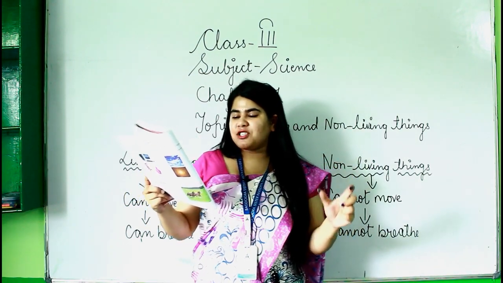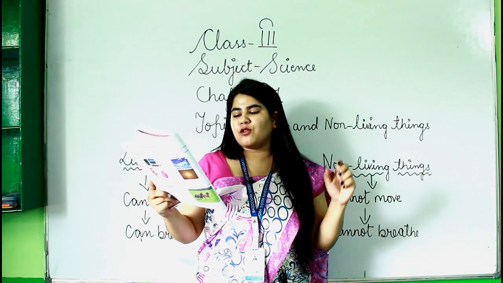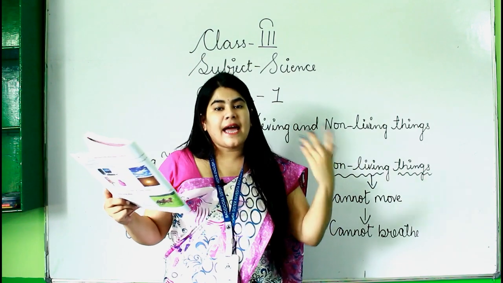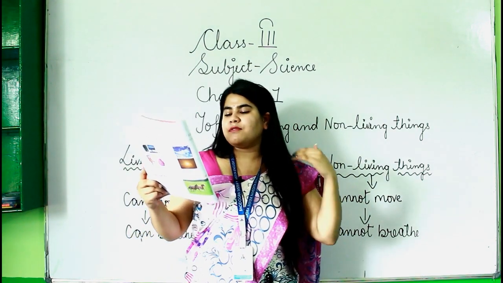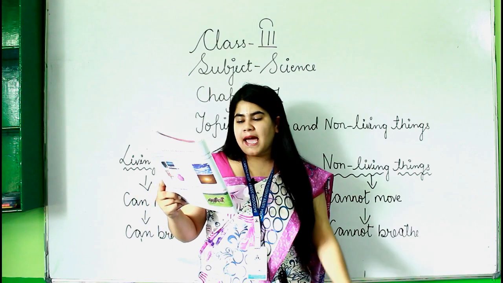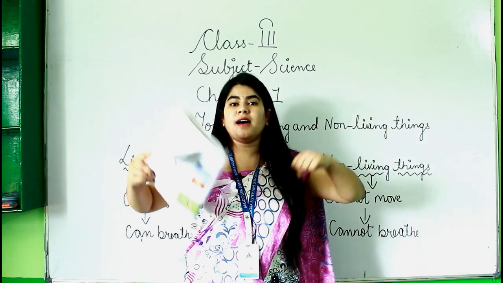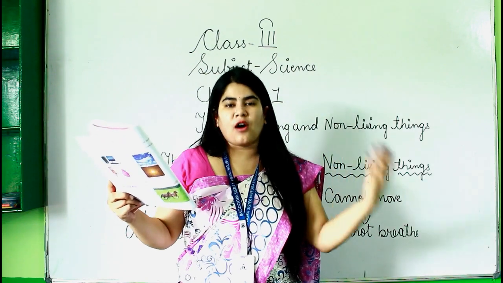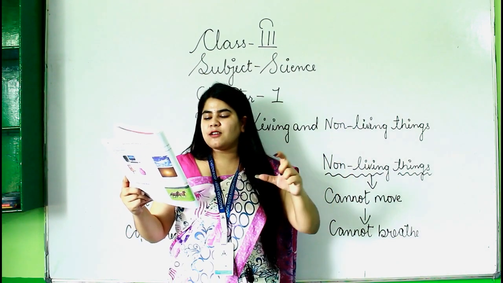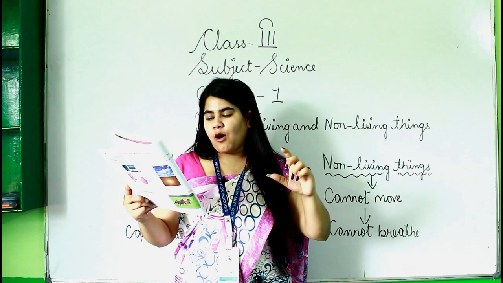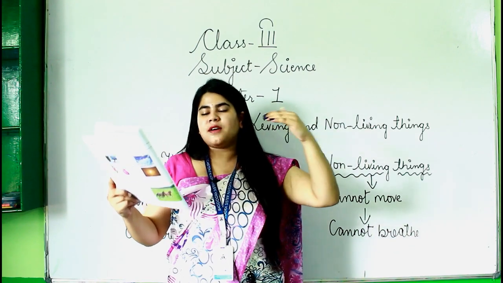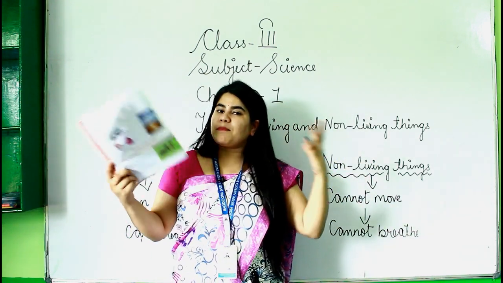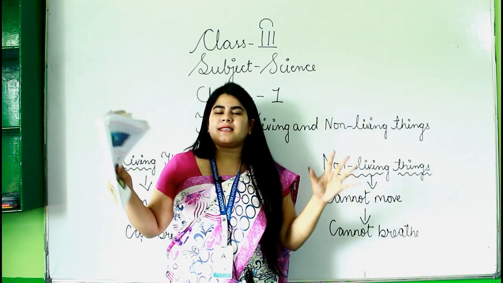A chick hatches out of an egg and grows to become a hen. A calf grows into a cow and a cub grows into a lion. Tadpoles grow to become frogs and a seed grows into a seedling or baby plant that further grows into a plant. Means living things can grow.